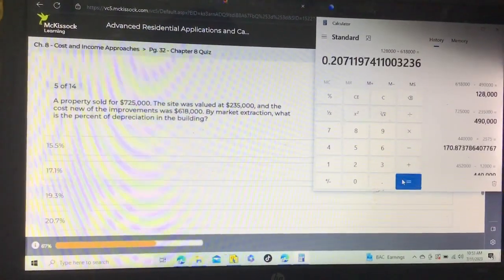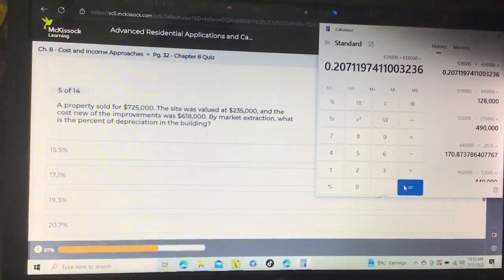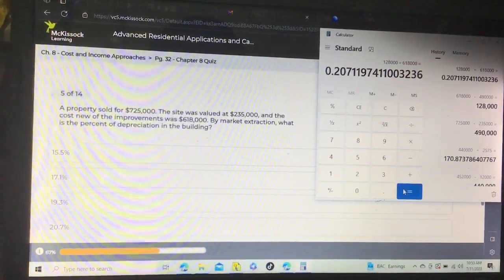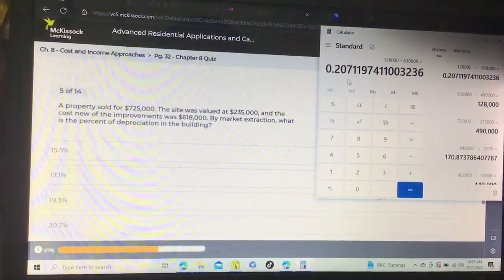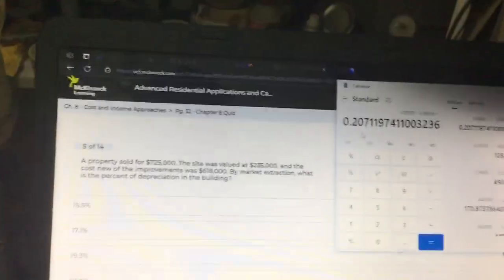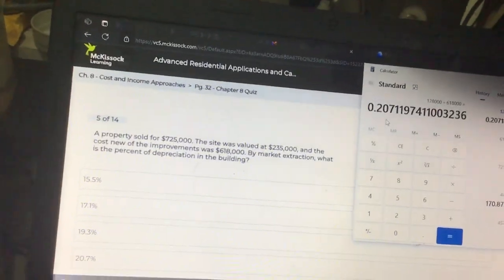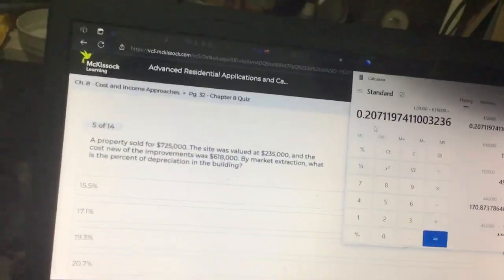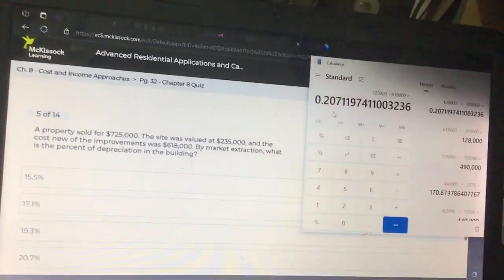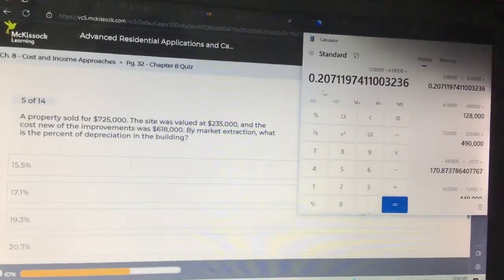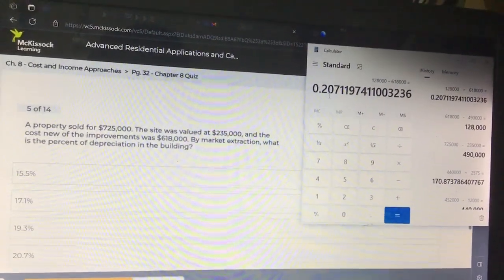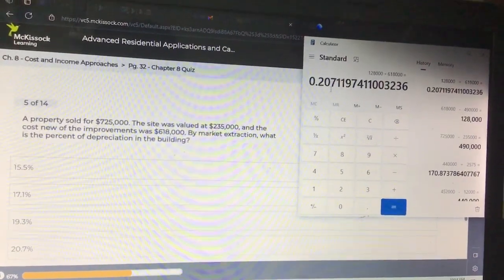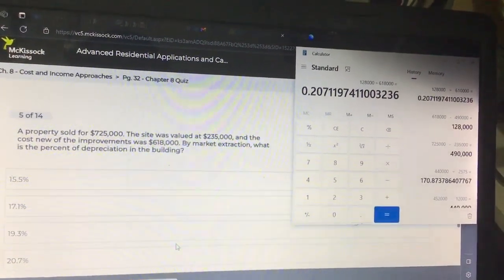This is going to equal 0.20711974110003236. And if you look down here, your answer is D, because the final piece of the formula for this math is you move the decimal over 2 places to the right. That equals 20.7%.